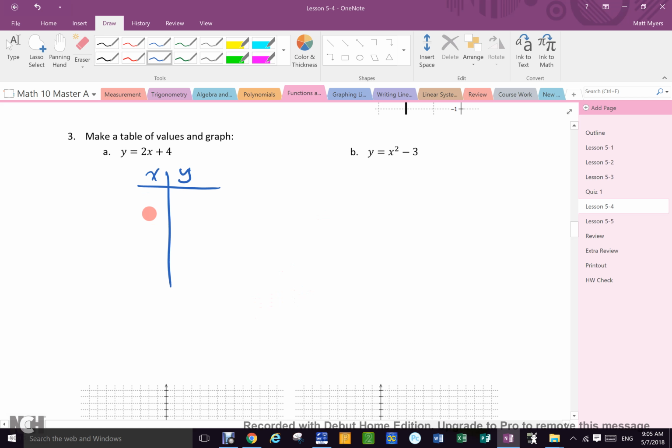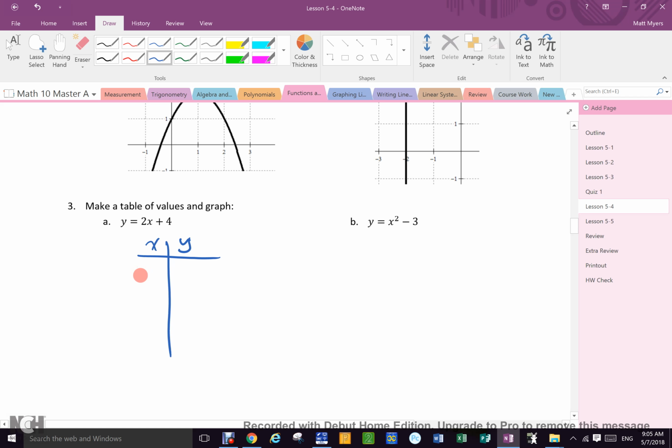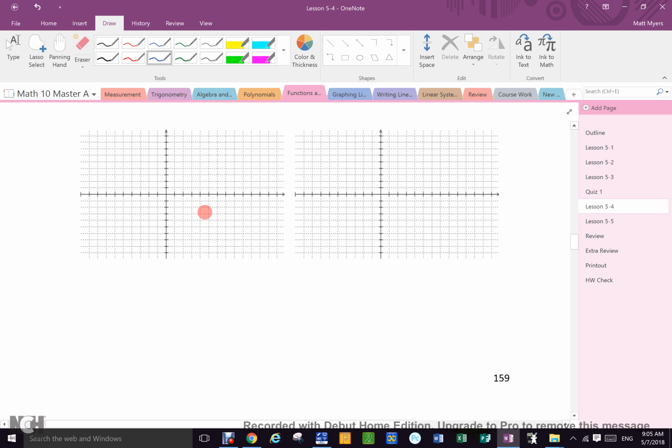So choose 3 numbers. Now, everybody always gets stupid here when I say choose your 3 numbers. 17, 84, 121. Does that make sense with the graph I've given you? No. What are some good x values you could use? You choose.